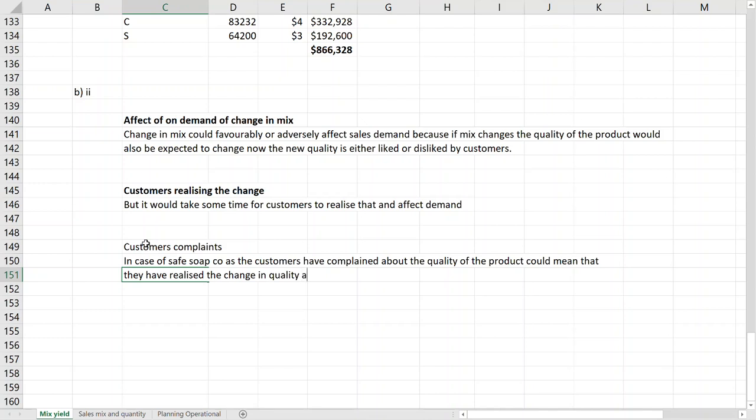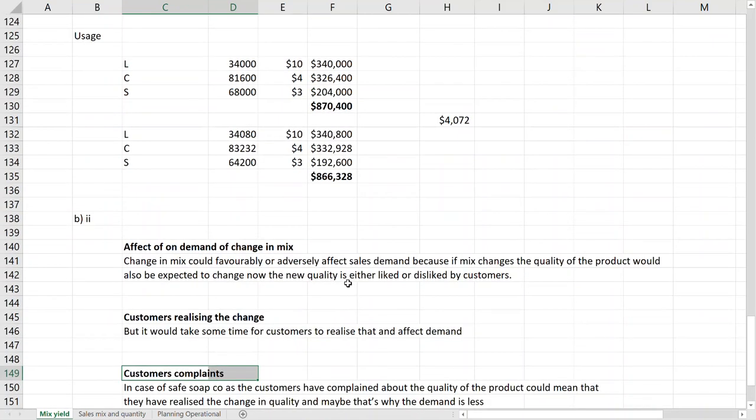And maybe not 100%. That's why the demand is less. Does that make sense? We just explain what we know. Now actually we don't know whether it is actually because of the change in quality or not. Does it make sense?